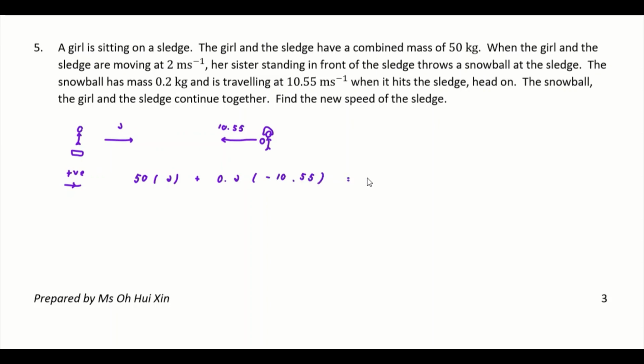This equals all the mass together, 50 plus 0.2 for the snowball, moving together with the same V.